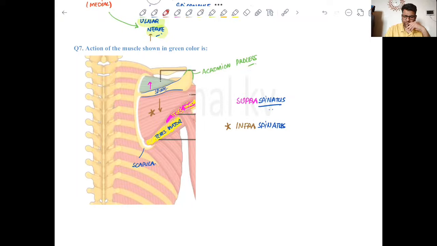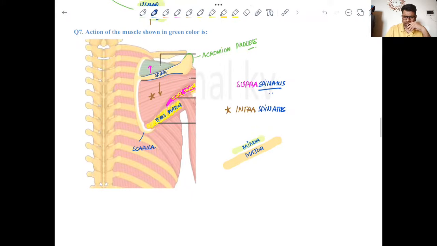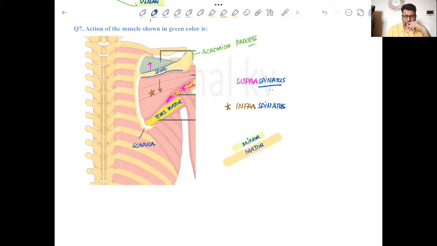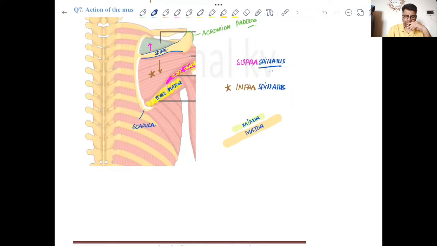Suppose if this is teres major, the teres minor is above that. Major is below, minor is above. Clear? So you can remember this arrangement, and the term teres you have to remember, and you can mark out these four muscles in relation to scapula. Clear? Supraspinatus, infraspinatus, teres minor, lowermost is teres major.